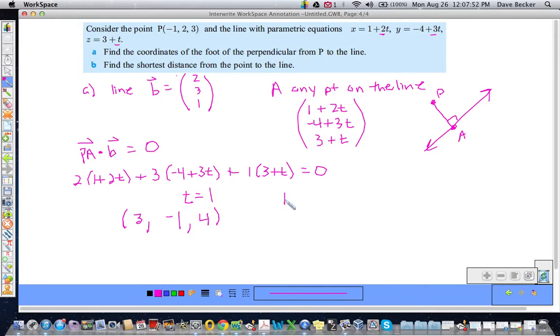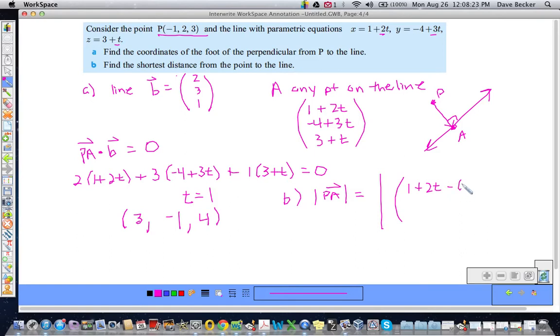Okay, so B, now we find the shortest distance from the point to the line. Well, that is going to be the magnitude of vector PA. First I have to find vector PA. Well, vector PA is going to be 1 plus 2t minus a negative 1.